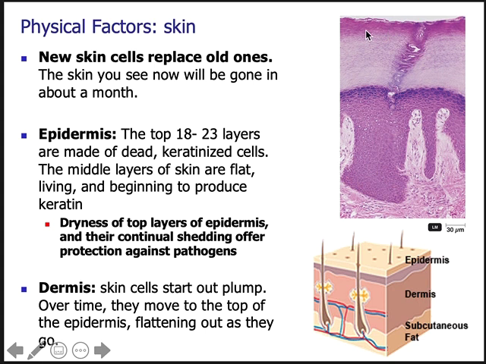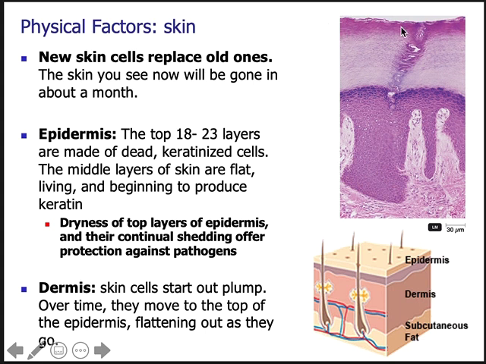Your cells flatten out, they become very hard, and they die once they finish producing their keratin. And that's the very outer layers, or this very dark region, the top layers of your skin.